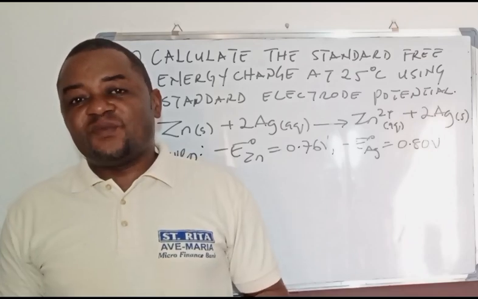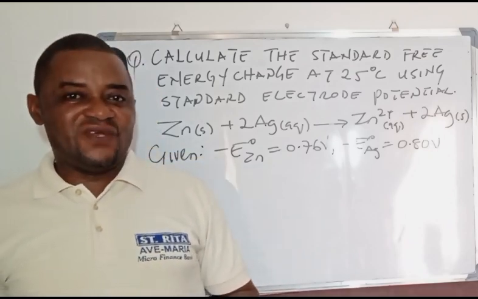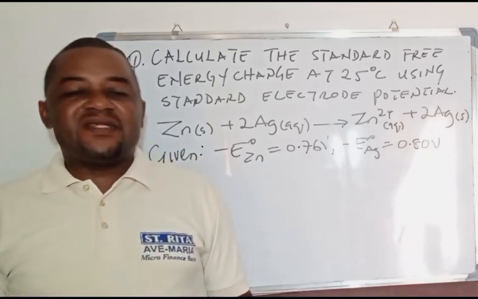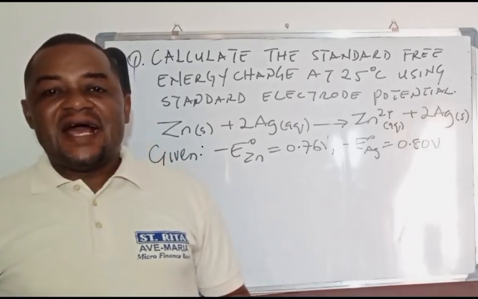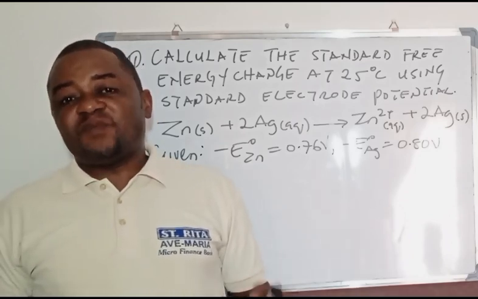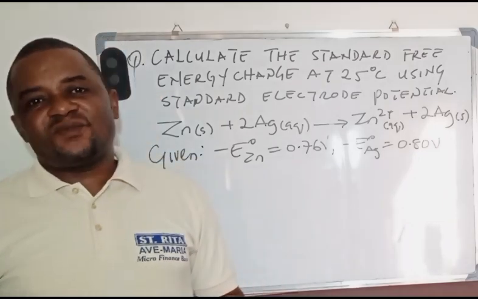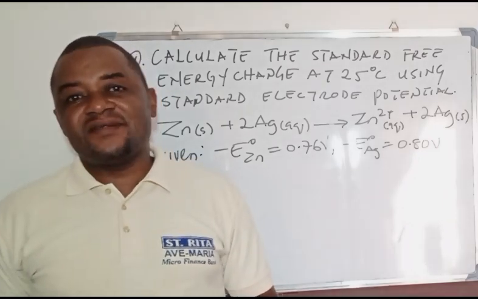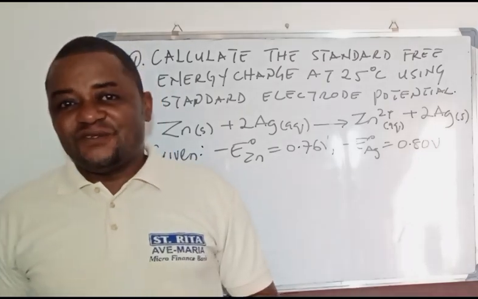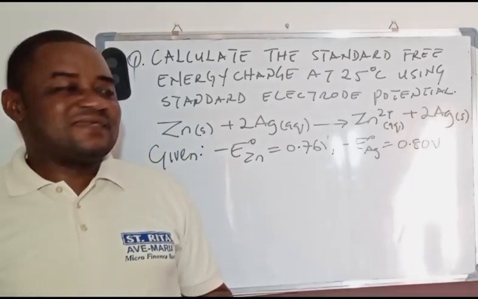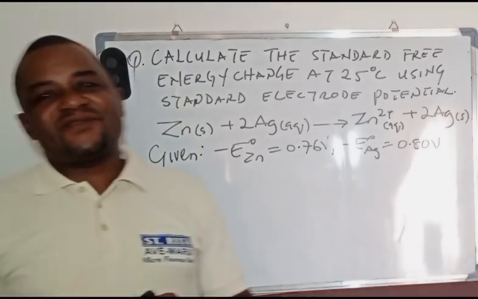If it's a gas, the gas is at 1 atmospheric pressure. If it's a solid or a liquid, it means they are in their pure state. And all these materials used in that reaction must be at 25 degrees Celsius, that is, at ambient temperature. So that is what we understand by the standard electrode potential.